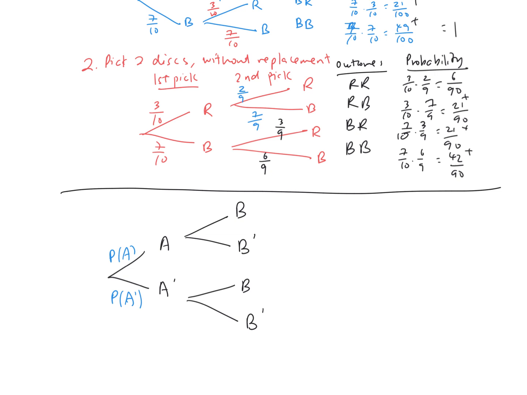Now, in your second pick, the probability of B happening will be the probability of B given A has happened.